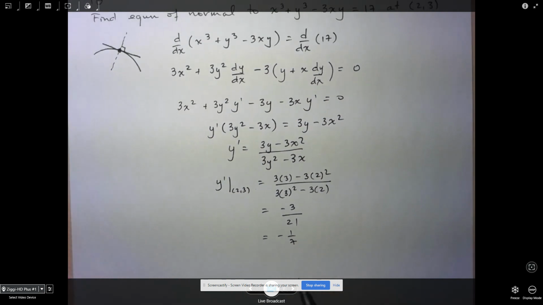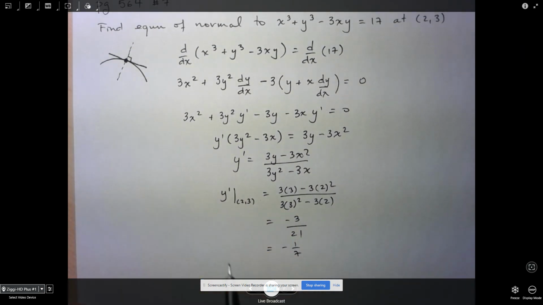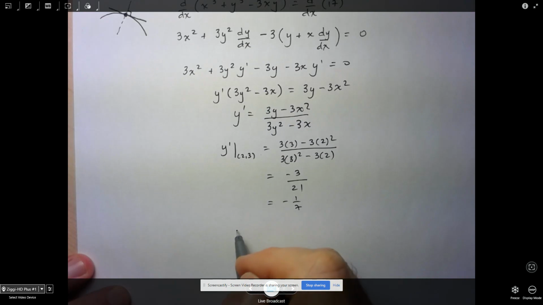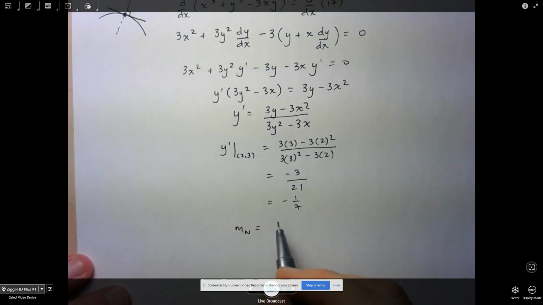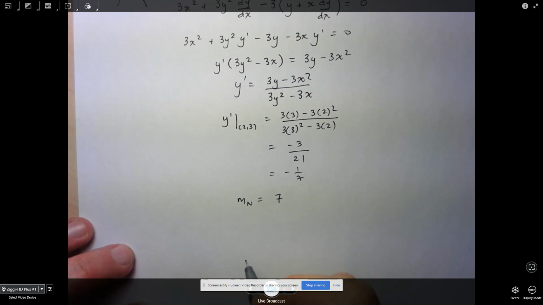Now remember that this represents the slope of the tangent, whereas I'm looking for the slope of the normal. Of course, the slope of the line that's perpendicular is just the negative reciprocal, so this is going to be plus 7. And now I can take this.